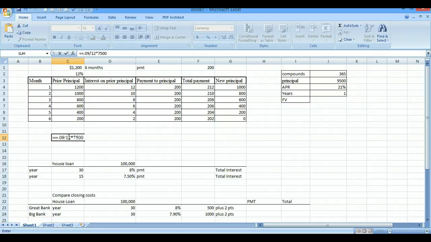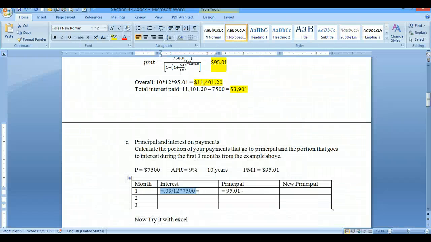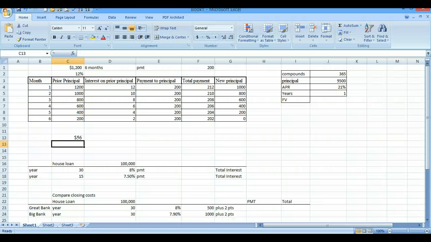Equals, Control V. Oh, it already has an equal sign, so I'm going to get rid of one of those. There we go, $56. Right on.